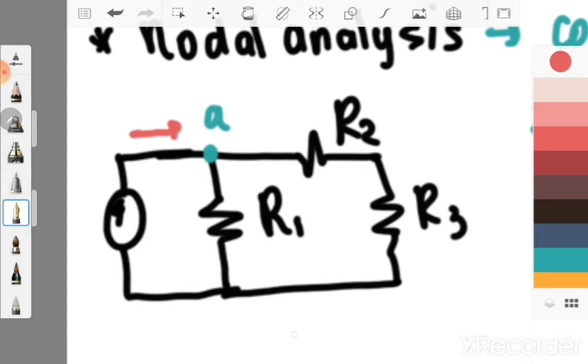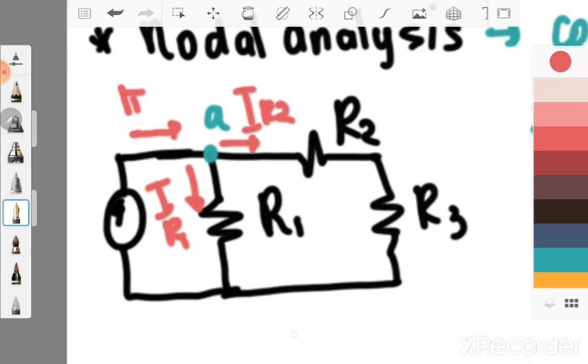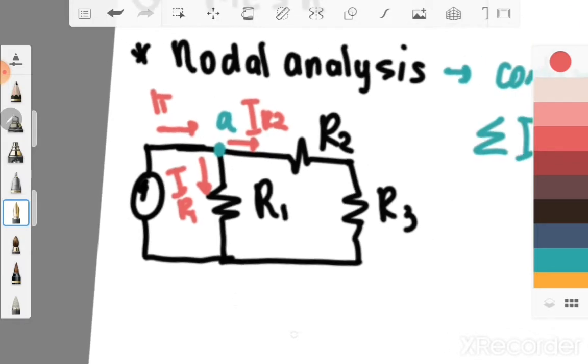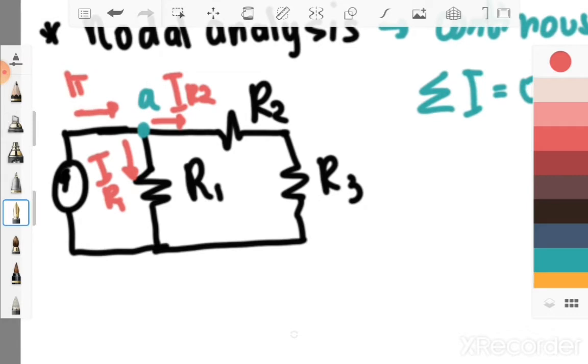So we have, let's say, this is your I total. I have my I R1. I have my I R2. As you can see, if you use nodal analysis, you would use the KCL method.